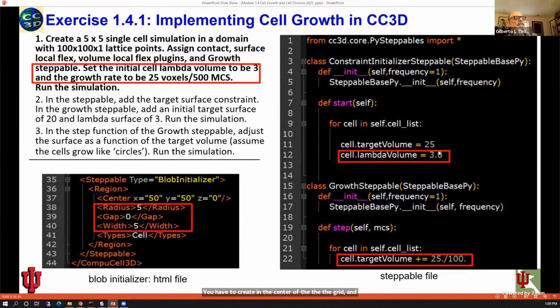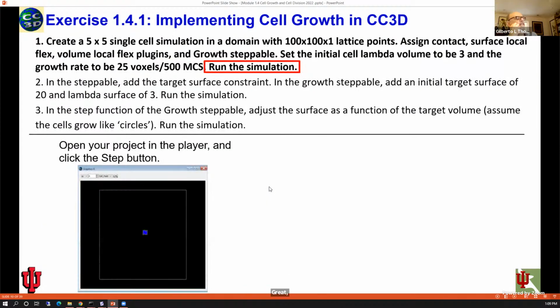In the right window, you changed the cell lambda volume to 3, and in the rule for the growth, you write the 25 over 100 factor for the growth rate, okay? So now you run the simulation. Open your browser or your player, and by clicking the step button, you should see the small 5 by 5 cell at the center of your grid.